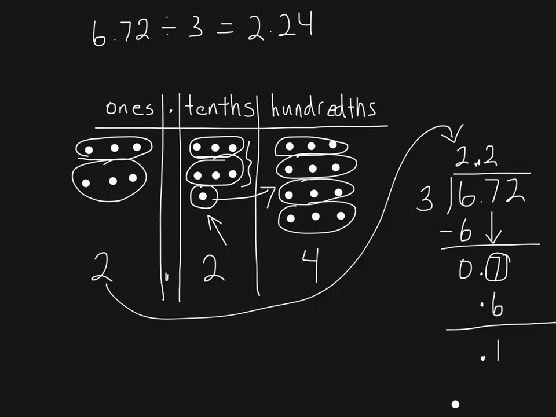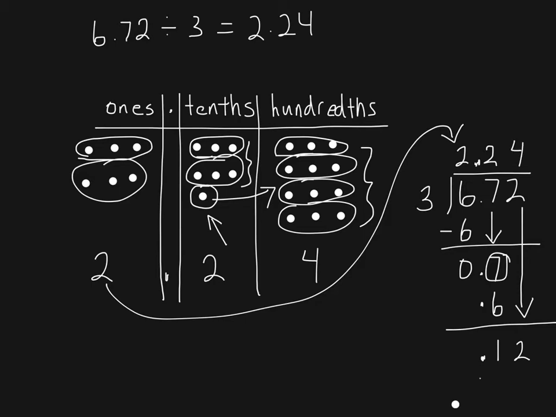And I'm going to take that 1/10 and turn it into 10 hundredths. And really, all I need to do that is to bring down that 2 and add it on. So now I have 12 hundredths. 10 hundredths plus 2 hundredths is going to be 12 hundredths, just like it was over here. And of course, if I take my 12 hundredths and I divide it into groups of 3, then I will have 4 groups.